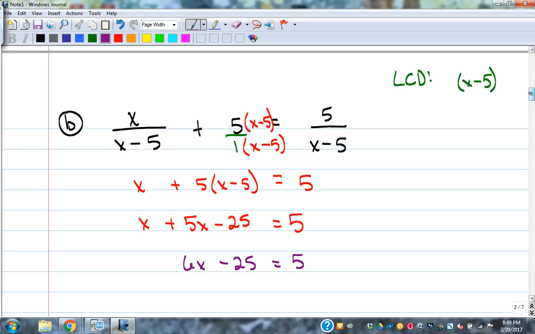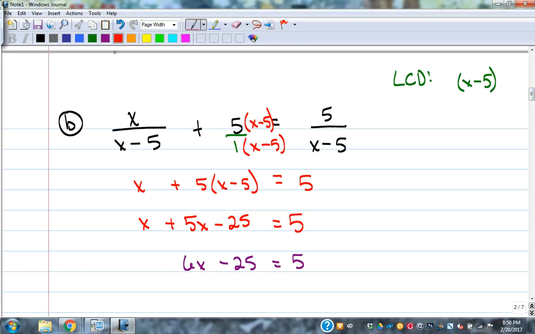Do I need to get this one equal to 0? I don't have to. I could, but I don't have to because it doesn't have a degree higher than 1. Anytime it has an exponent on the x, then I have to get it equal to 0 to solve it. Here, we didn't have an x squared or an x cubed or anything like that we have to work with. So we can just get x by itself.